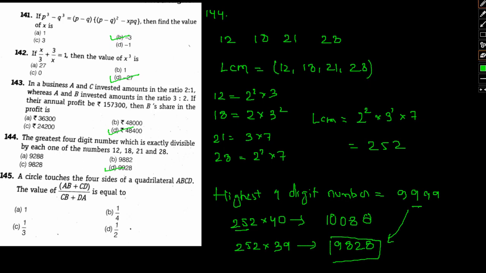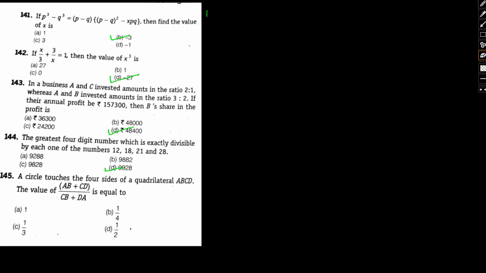So having said that, now let us move on to the very last question, 145. A circle touches 4 sides of the quadrilateral.